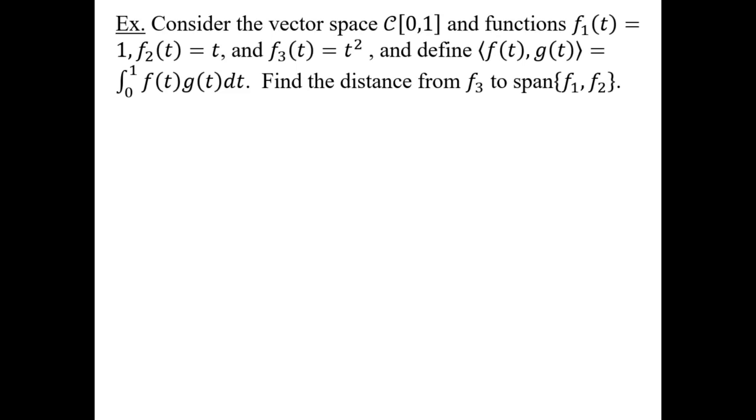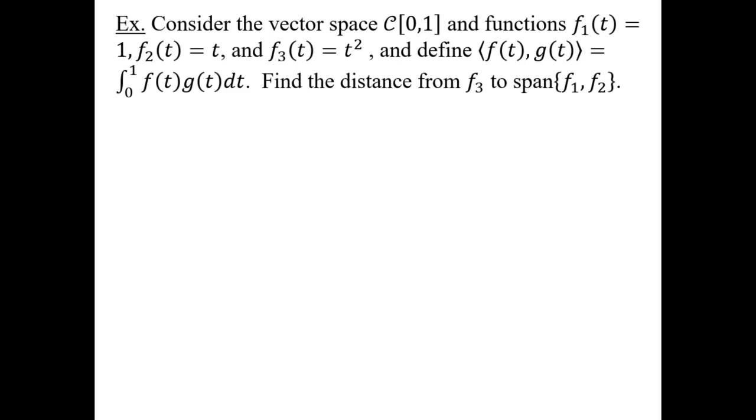We've got these three functions defined on that interval: f1, which is 1, f2, which is t, and f3, which is t squared. And we're going to define the inner product the same as we have been for these functions. We want to find the distance from f3 to the span of f1 and f2. Now, I want to point out that the formula on the last slide required us to have an orthogonal basis.